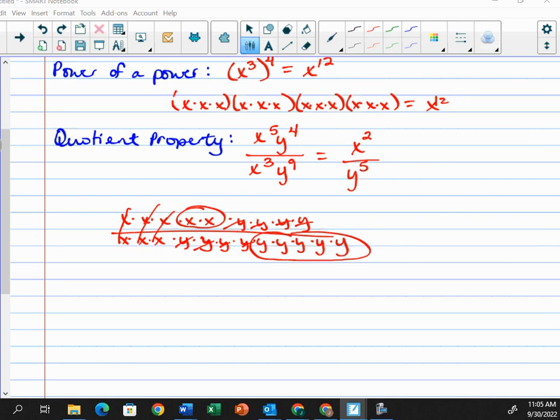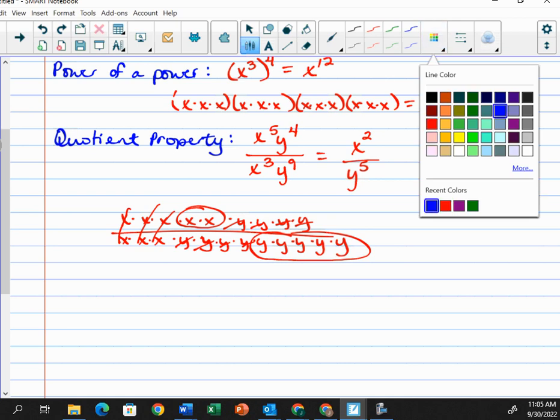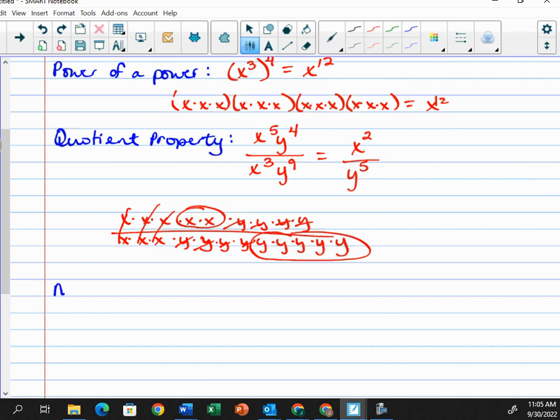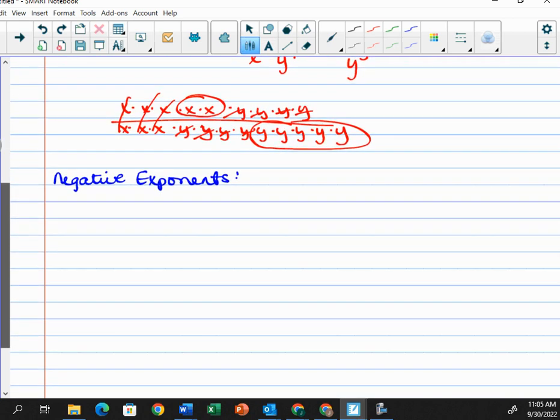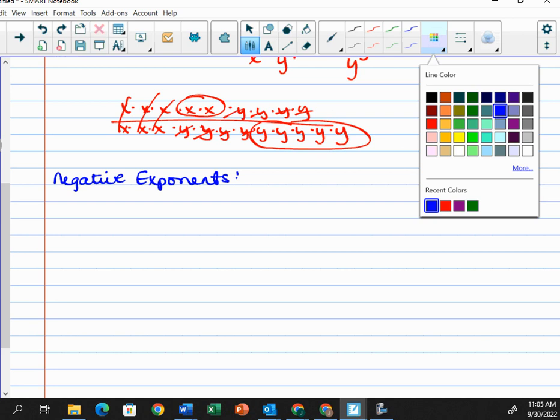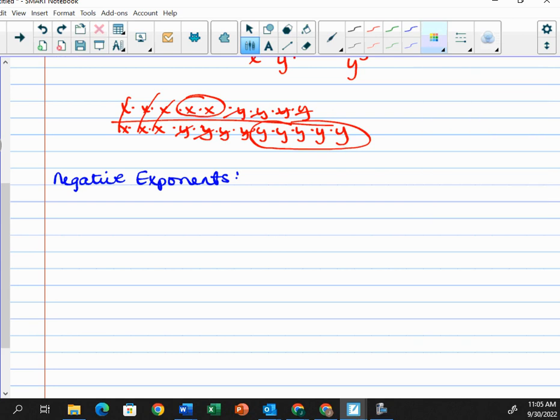Let's talk about negative exponents. Let's say I have x to the negative 3rd over y squared.